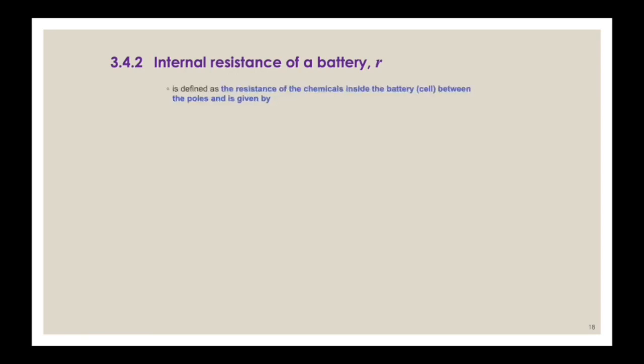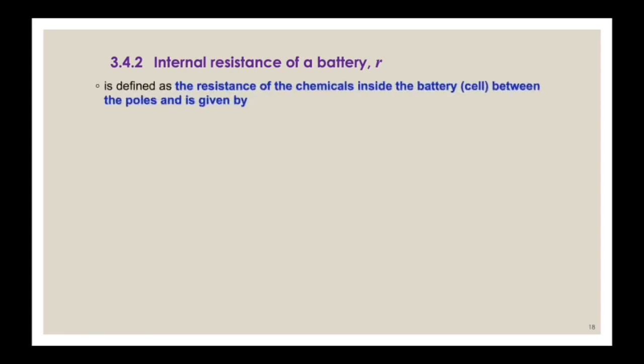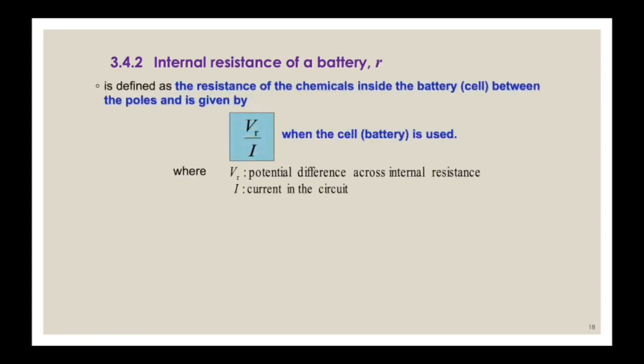Right, internal resistance of a battery. Internal resistance is the resistance of the chemicals inside the cell between the poles. So the equation to find the internal resistance is the potential difference across the internal resistor over the current in the circuit.